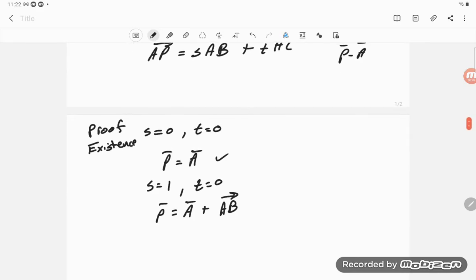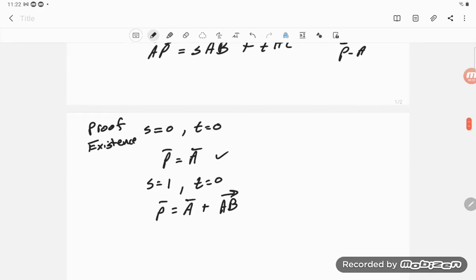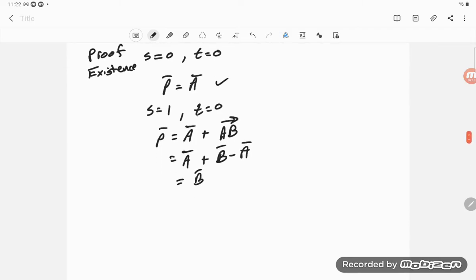Remember that's the directed line segment from A to B. Or if we think of it as vectors, AB is B minus A, so this is A plus B minus A. Oh, but that's B. And so we've got the point B in there.